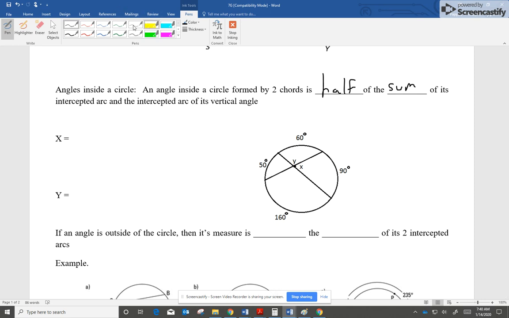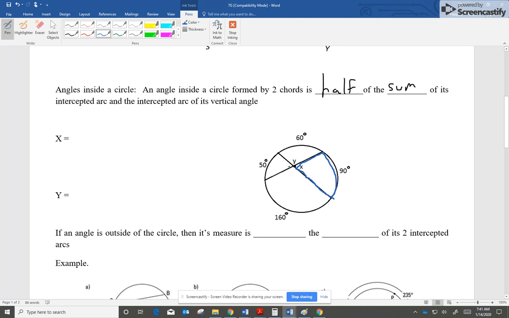So I'm going to take angle X and trace out where the angle creates an arc, and it's going to create this 90-degree arc right here. Now, we have to add that 90-degree arc with the arc from its vertical angle.